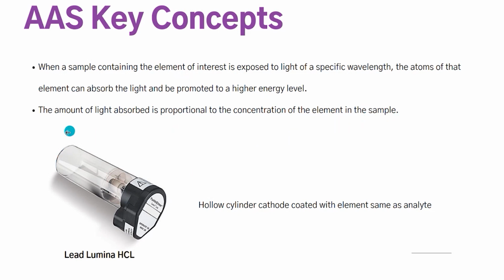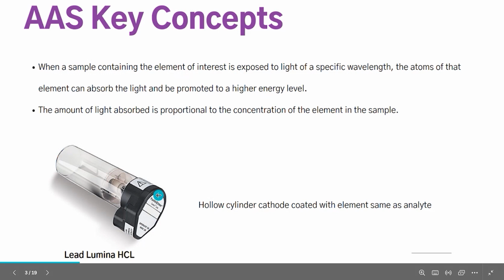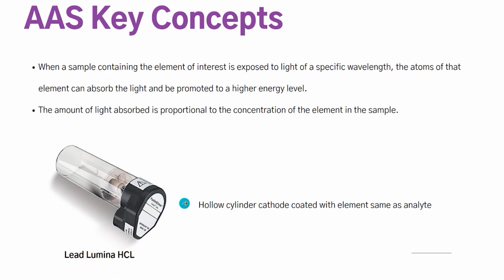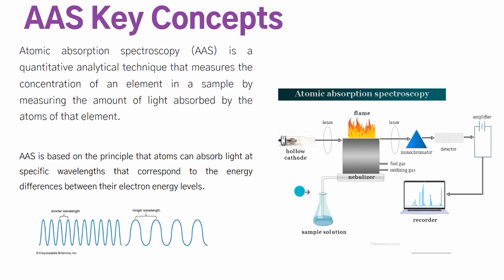So this is an example of a hollow cathode lamp, which works specifically for lead. As you can see in the setup here, this is the hollow cathode lamp.